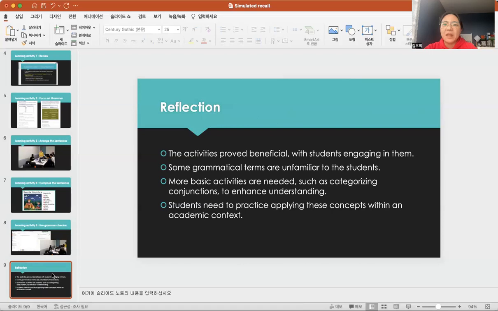Also, I gave two assignments. The first one is identifying sentence patterns, and those sentences are extracted from more authentic student material, which is grammar in context.